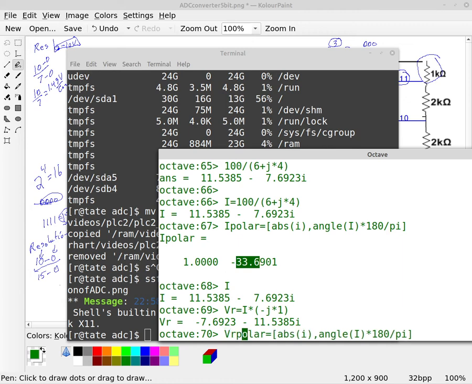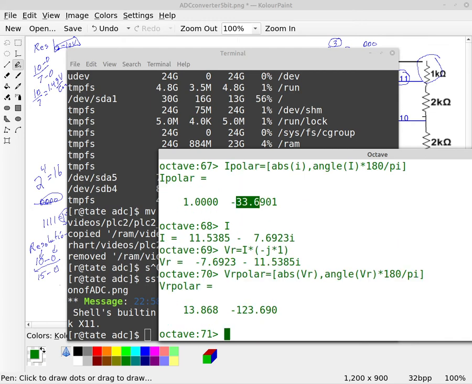So VR polar, and this was VR, and this was VR. And so that is 13.